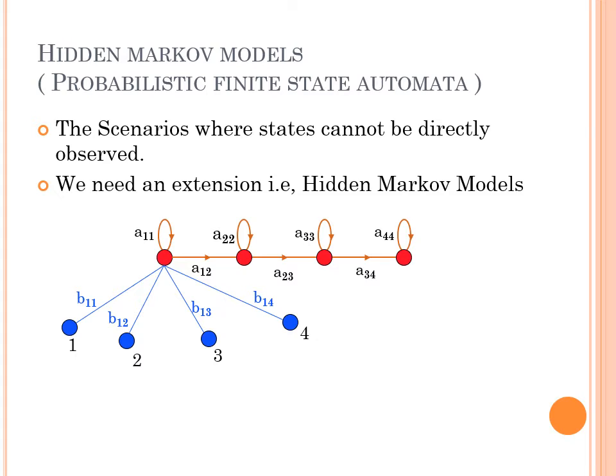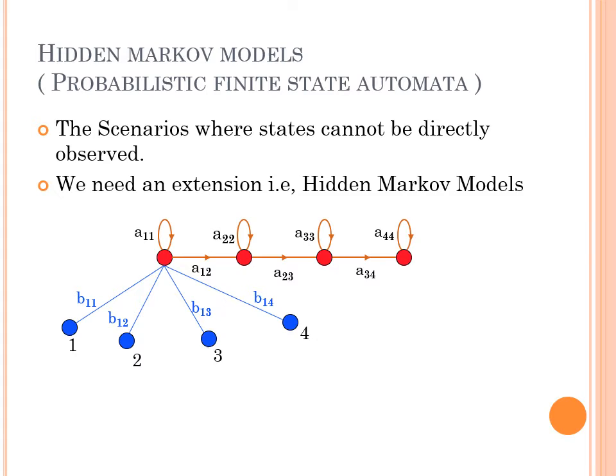Let us consider this one. Previously we discussed three parameters. One is A, which is the transition probability, B is the observation probability, and pi is the initial transition. Here you see the observations in this state: A of 1 1, and we have observations like B11, B12, B13, B14.